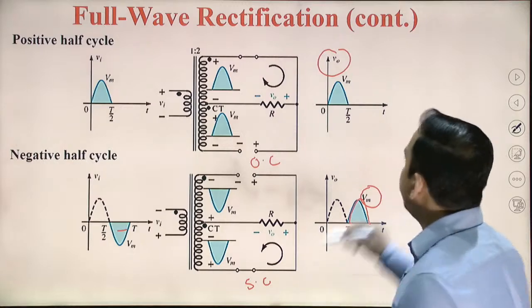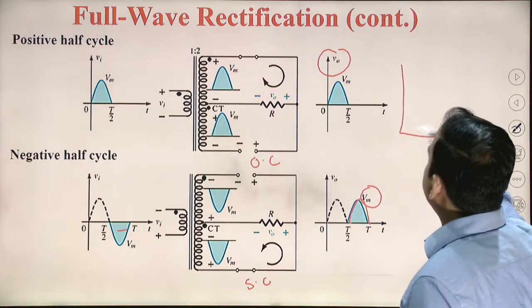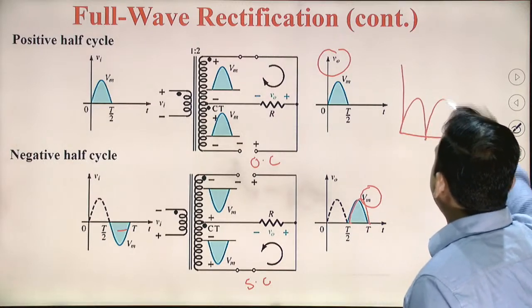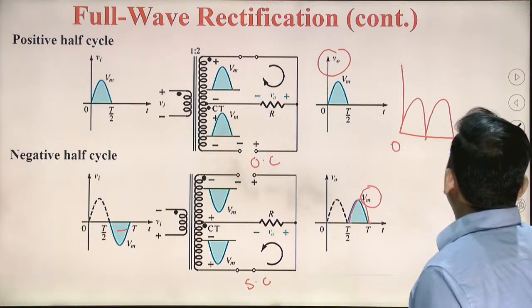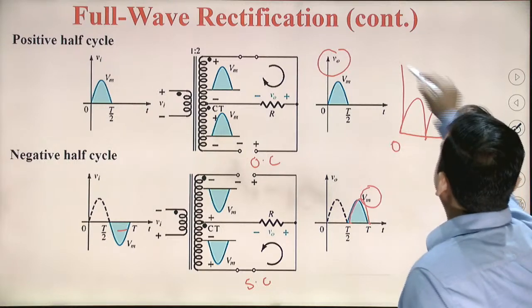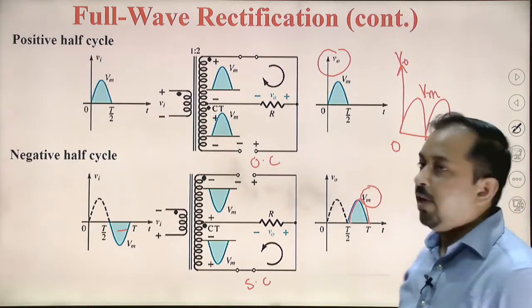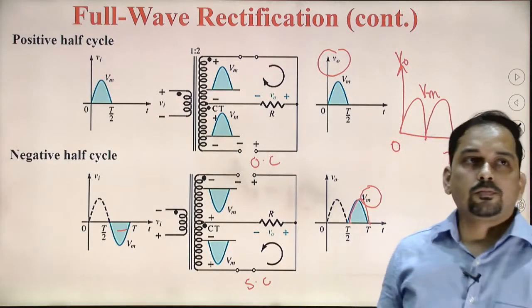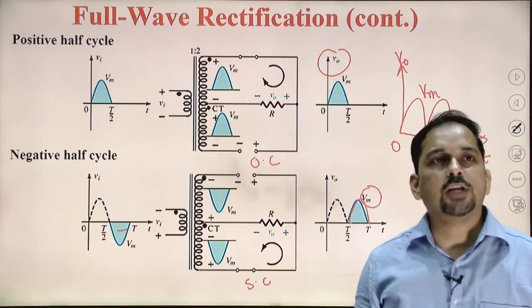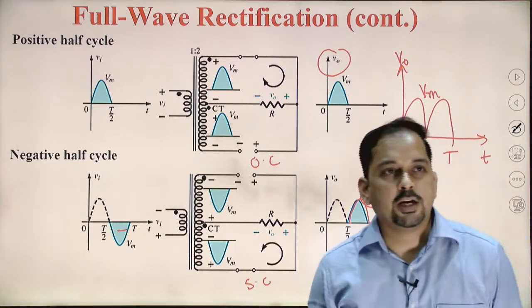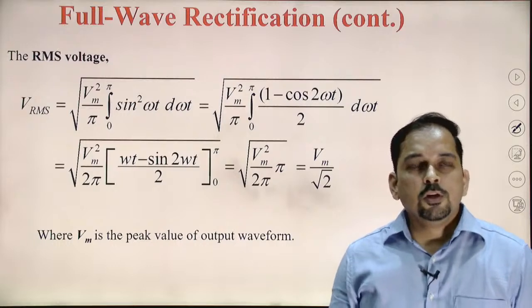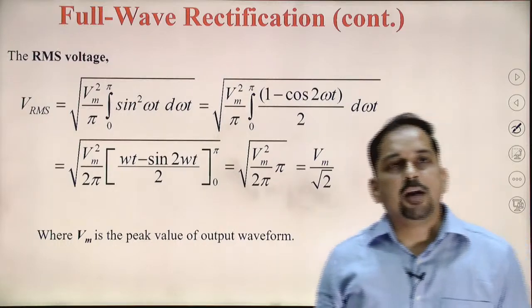So as a whole, if we combine both the positive and negative peaks, the resulting waveform will look like this one, having a peak value of Vm. So this is the working of the center tap full wave rectifier. Now we will calculate the RMS voltage.